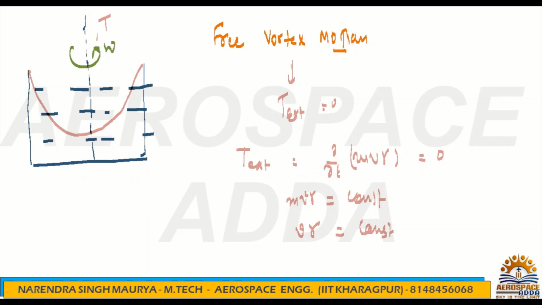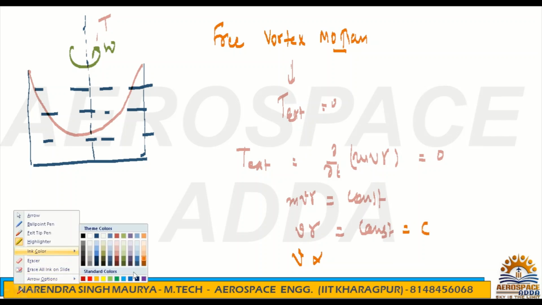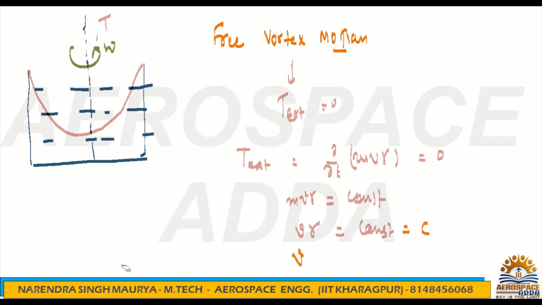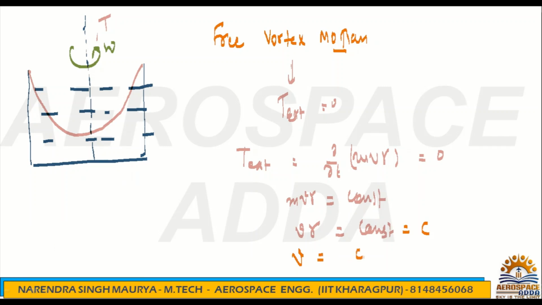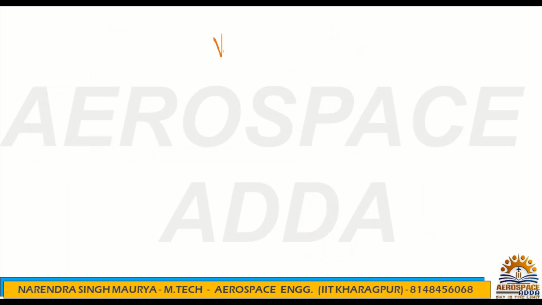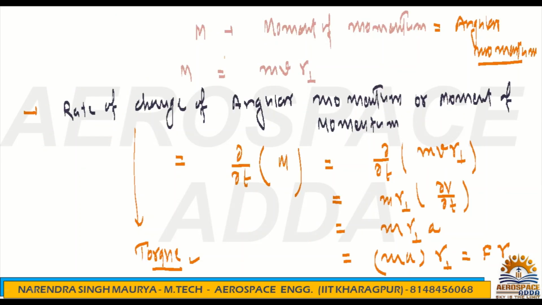That is the free vortex. Hope you understood. So in the case of the free vortex, the velocity v is constant, so you can say v = c/r, where c is nothing but a constant. Obviously, this v is a tangential velocity, not a linear velocity.